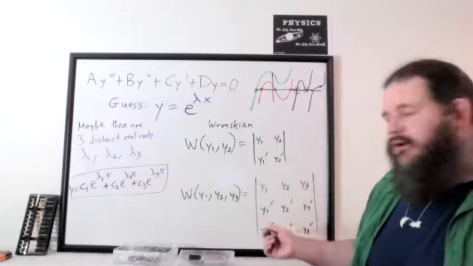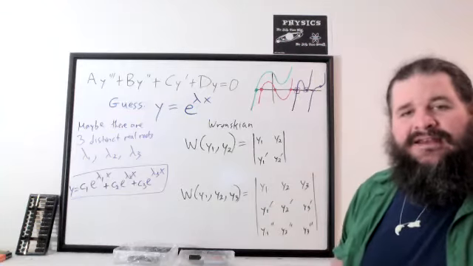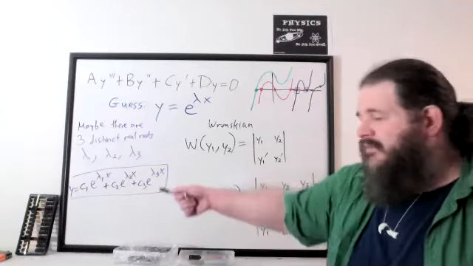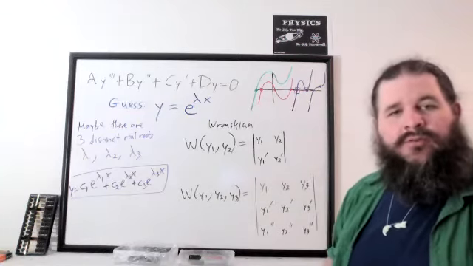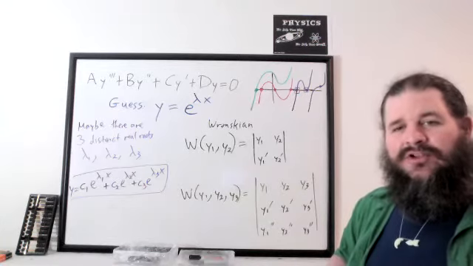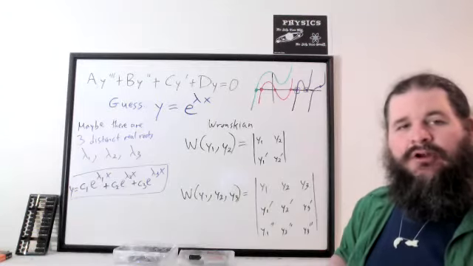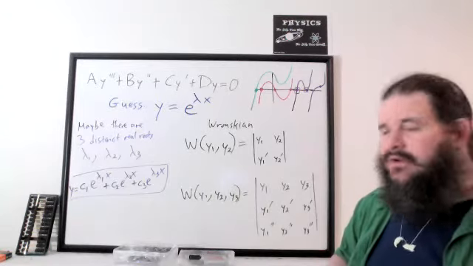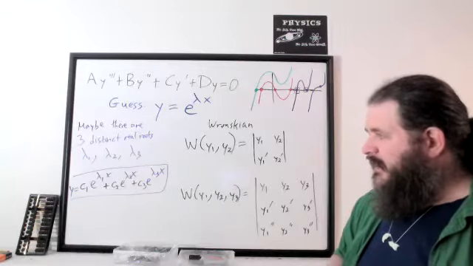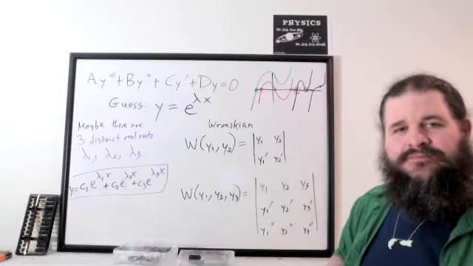If the determinant is 0, then this matrix of coefficients is not invertible, which means we can't guarantee a unique solution for the C values. So the whole point of the Wronskian is to figure out, can you guarantee that C value solutions will exist for any initial conditions? If the Wronskian is 0, then you can't guarantee a unique solution. So that means ultimately that y1, y2, and y3 are not linearly independent.